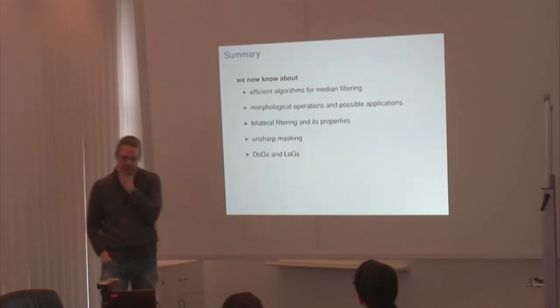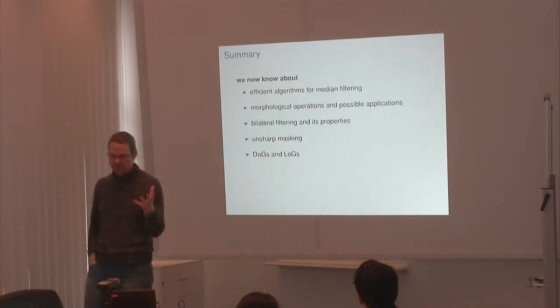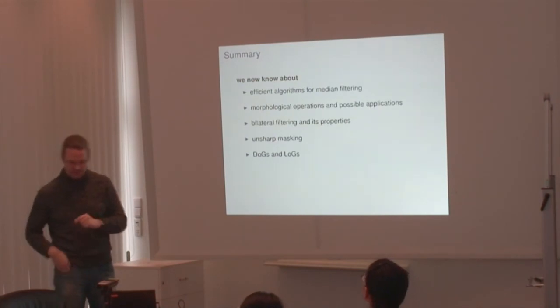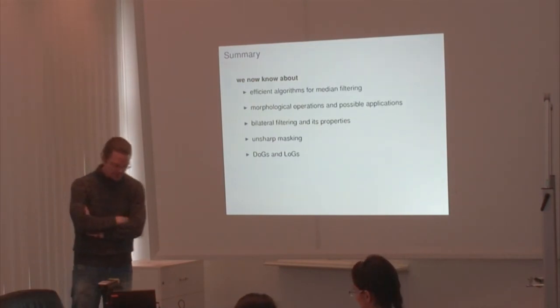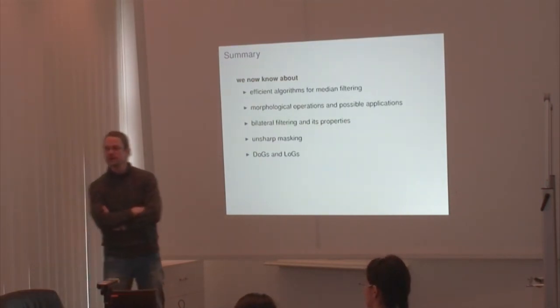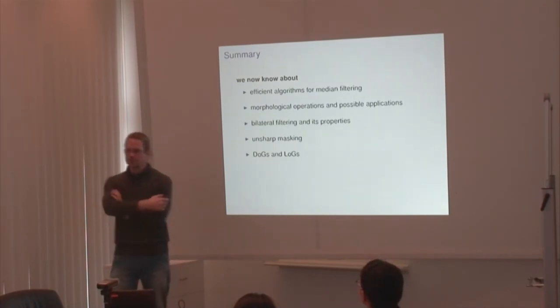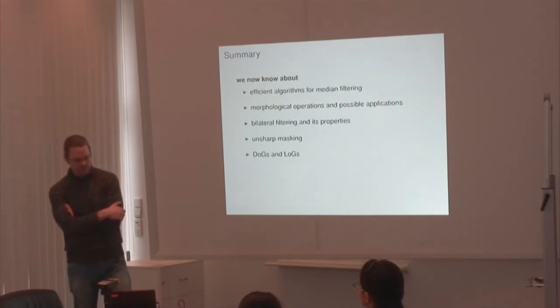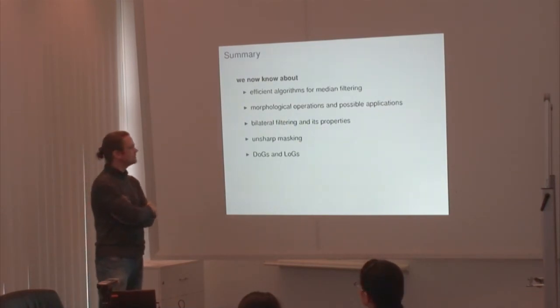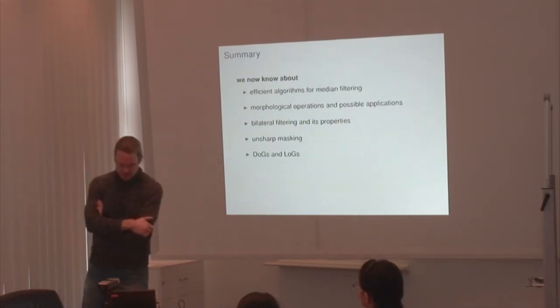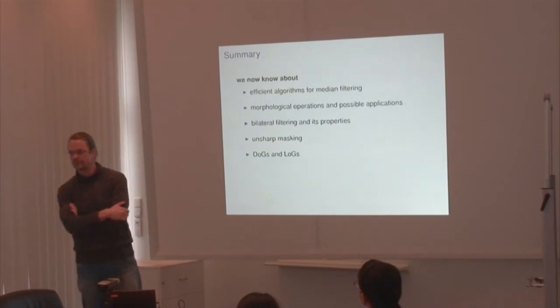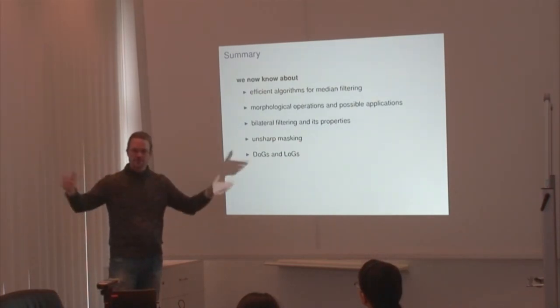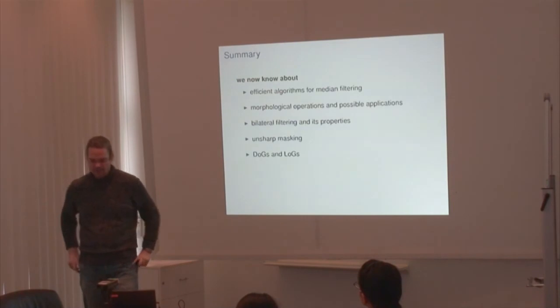We have seen that this idea of median filtering, which we began to study last time, and which, if we were to compute it naively, is a rather expensive operation, can be done very efficiently as well. And then we ever so briefly talked about morphological operations, just because we already talked about ordered sets of local intensity values.